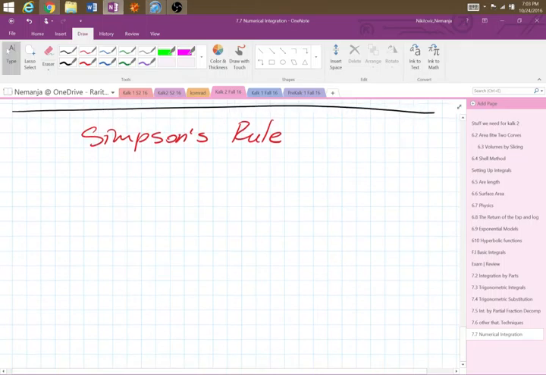Now what Simpson's rule does is fit arches through 3 consecutive points, and those arches are actually parabolas. So for any parabolic problem, if you have to integrate any of the x squared situations or functions, you will actually get the exact answer.